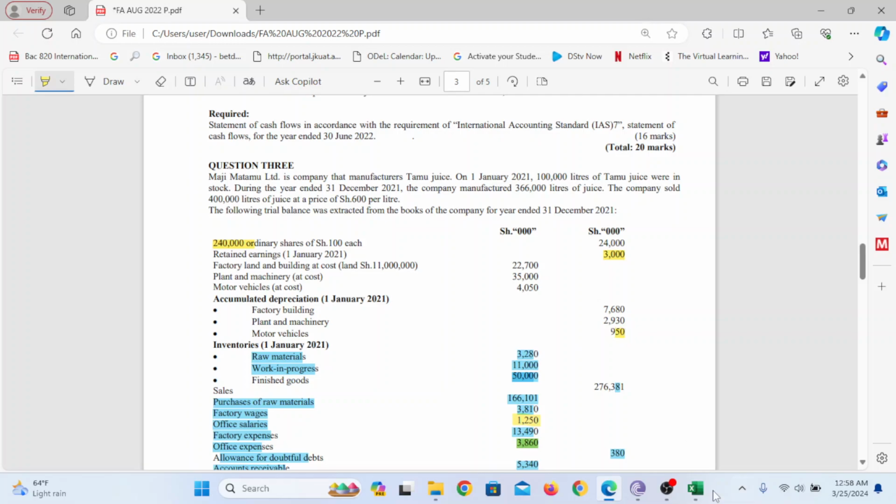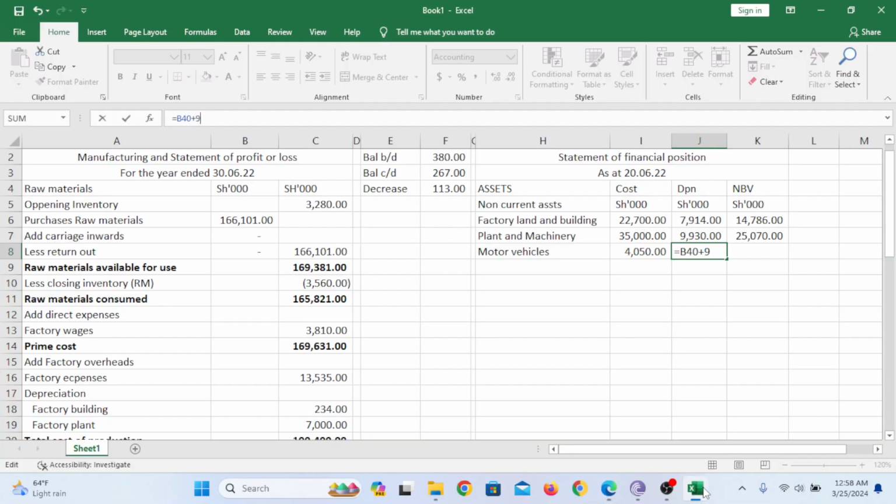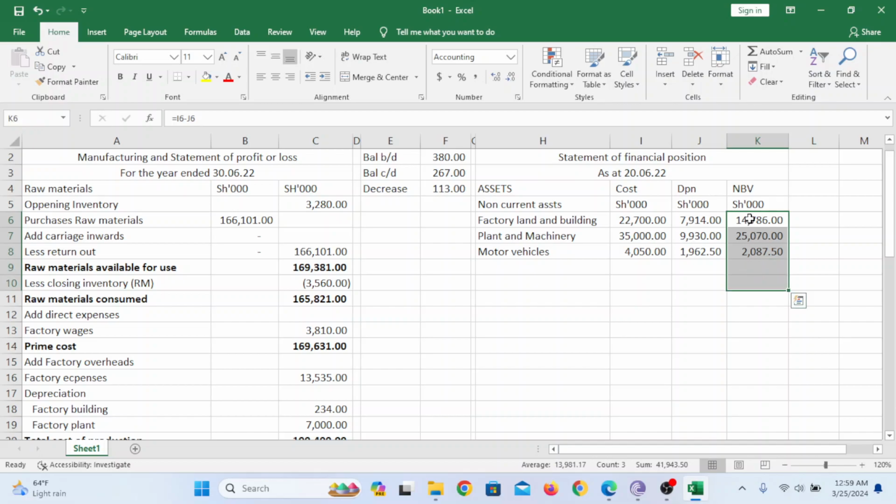That's what we add, 950 here. So we subtract again, we get the net book value. Then we sum up the book values. So I'm getting 41,943.5.